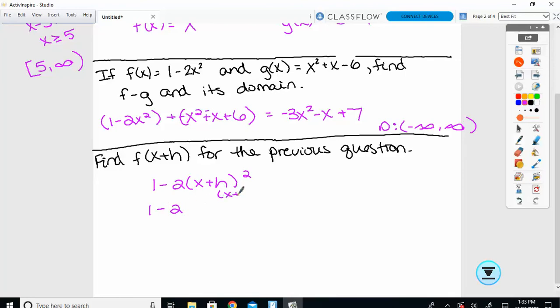Okay. So this means x plus h times x plus h. So that's x squared plus xh, and plus xh is 2xh plus h squared. What do I need to distribute?